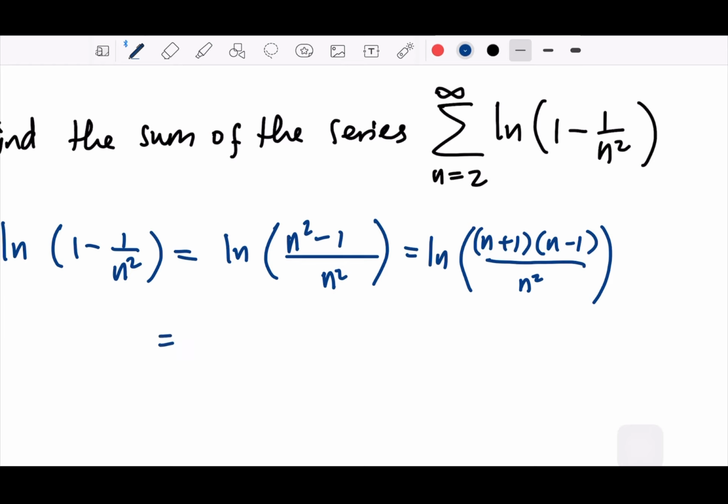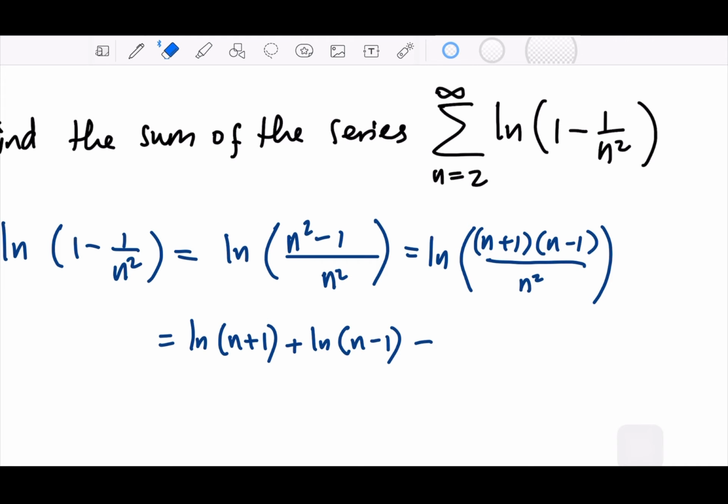So we can write as ln n plus 1, and let me directly write plus ln n minus 1, and then minus ln n squared, and since this is n squared, we can write this ln n squared as 2 ln n. Okay, now we have this.